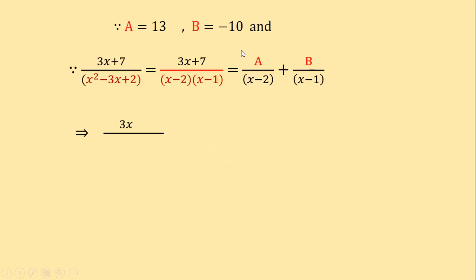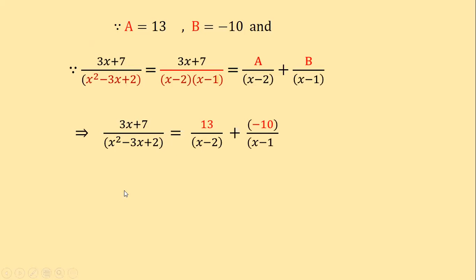So let us substitute here: A is equal to 13, B is equal to minus 10. And what is our equation of partial fractions? This is the equation where we are going to substitute the values of A and B. So 3x plus 7 by x square minus 3x plus 2 is equal to 13 by x minus 2 plus minus 10 by x minus 1.